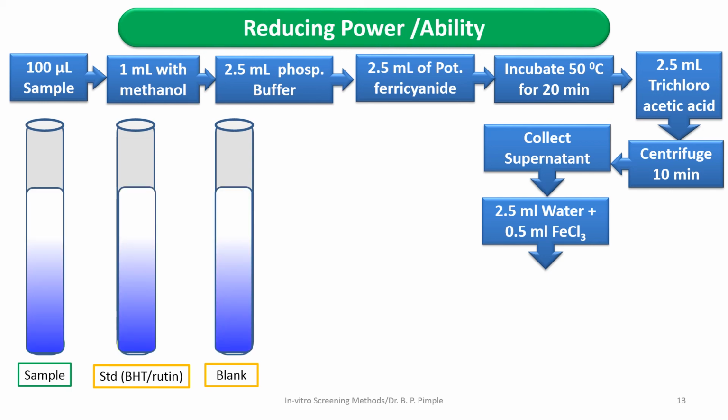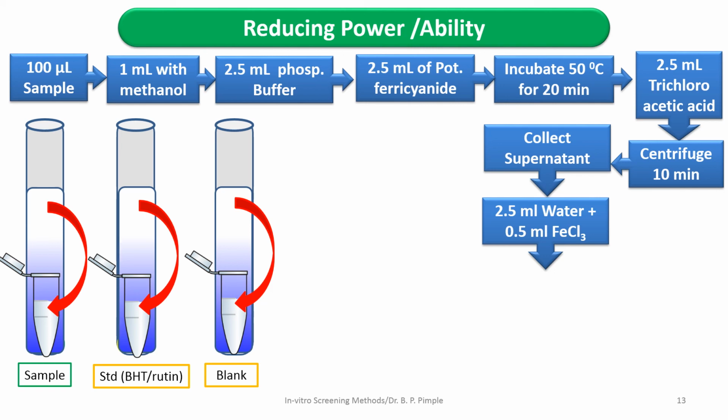After centrifugation, you will notice that the tubes will have a sediment and a supernatant. The upper white color is called the supernatant and the lower blue color is the sediment. From this, we need to collect only the supernatant. Slowly collect either with the help of a pipette or a micropipette, or you can even use a separating funnel for this.